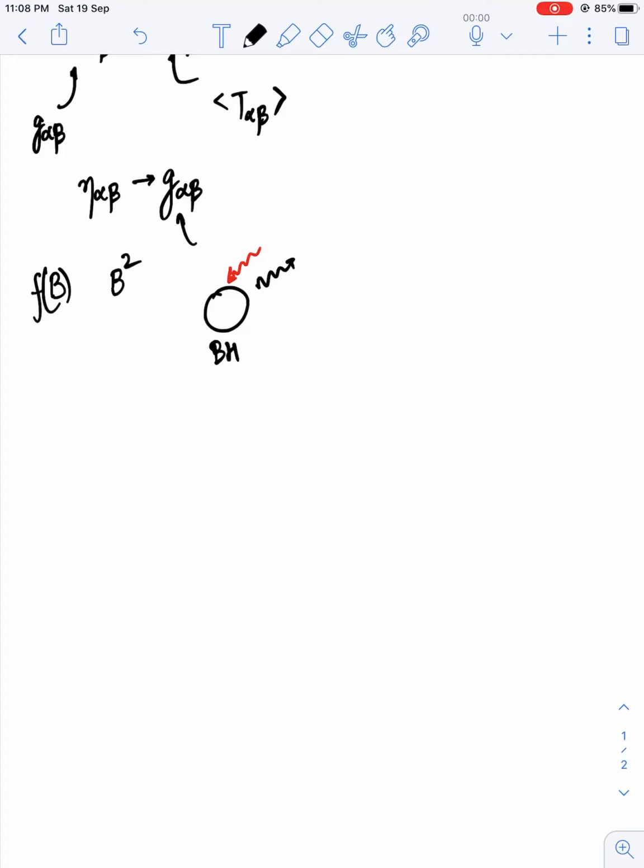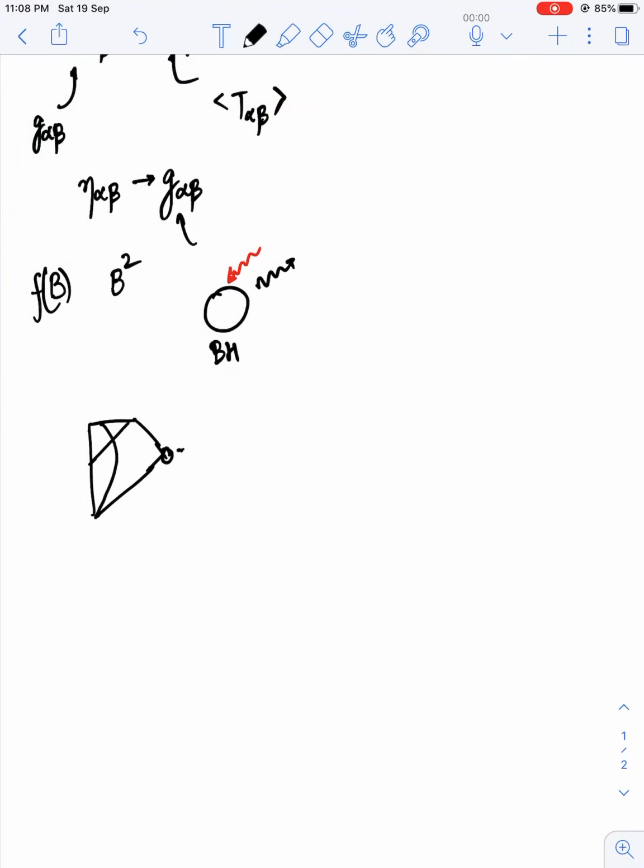We know that the Penrose diagram of a collapsing body is something like this. Let me get it right.